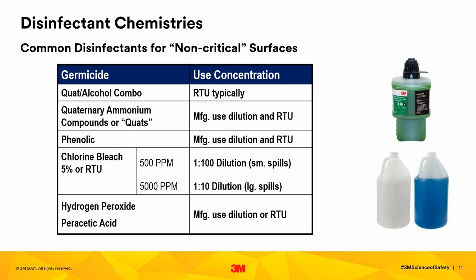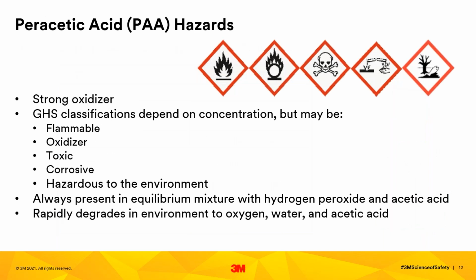So next slide, please. The main one in pharma that has the biggest exposure concern right now, and it's somewhat of an emerging concern, but if you talk to a pharma health and safety person and mention peracetic acid, or PAA for short, or even some of the trade names, Spore Cleanse is an example of a trade name of a product that contains peracetic acid, often their ears will perk up a little bit because they know that it's got lots of hazards.